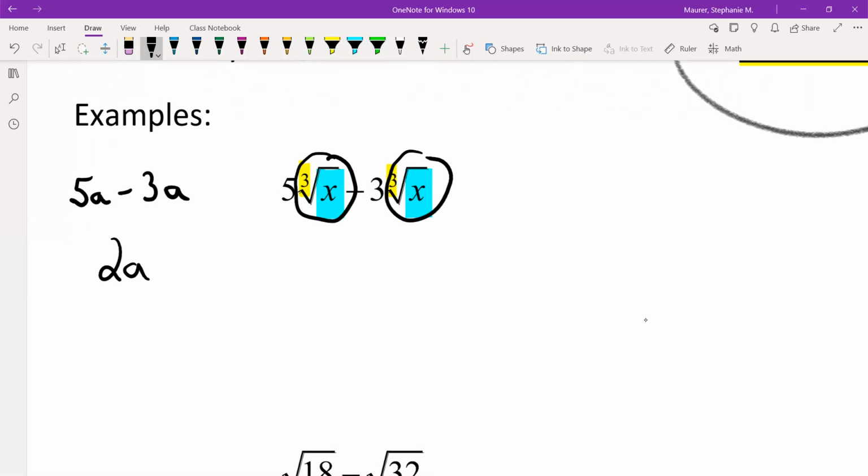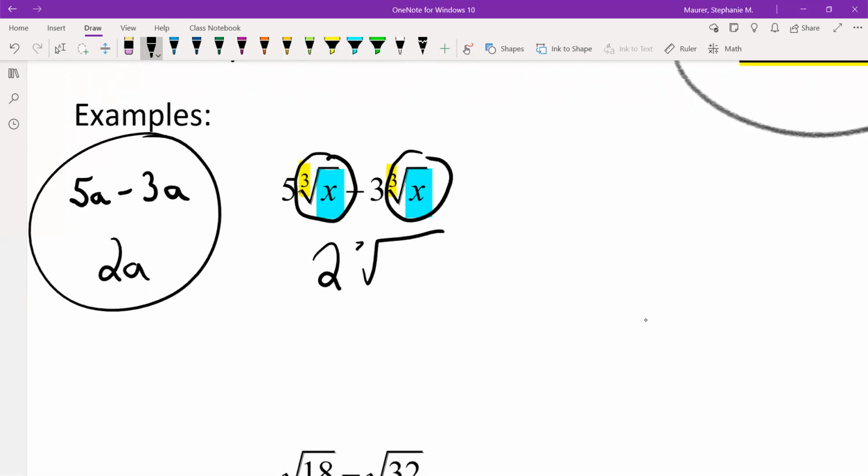So in your answer, they will not change with addition and subtraction. Again, multiplication and division are different, but with addition and subtraction, they will not change. So 5 minus 3 would actually give us 2, just like over here. And then rather than just having a nice simple a, like we did over here, we actually have a cube root of x, and that's our final answer.